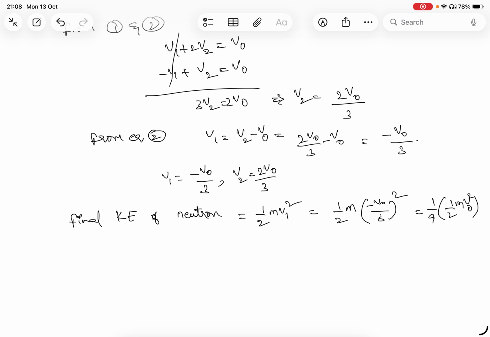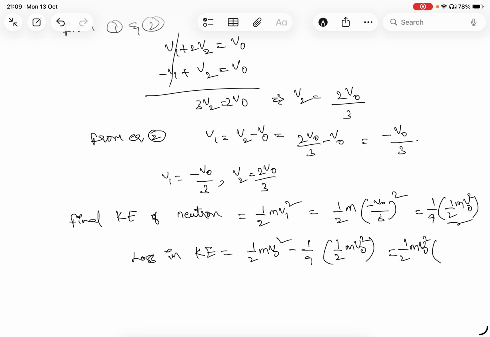The initial kinetic energy is half m v0 square. Then the loss in kinetic energy is half m v0 square minus 1 by 9 of half m v0 square. Taking half m v0 square common, this is 1 minus 1 by 9, which is 8 by 9. So the loss in kinetic energy is 8 by 9 of half m v0 square.